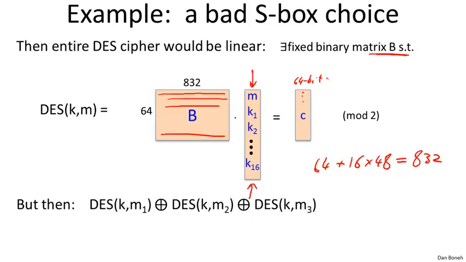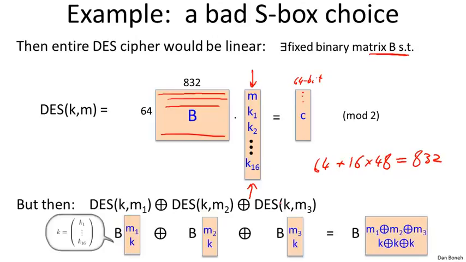And let me give you a very simple example. Basically, if you take the XOR of 3 outputs of DES, well, let's think what that means. Basically, we would be looking at B, the matrix that defines DES, times one vector, XOR B times another vector, XOR B times a third vector.